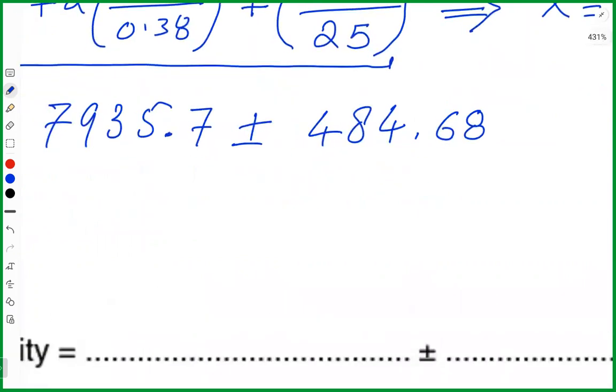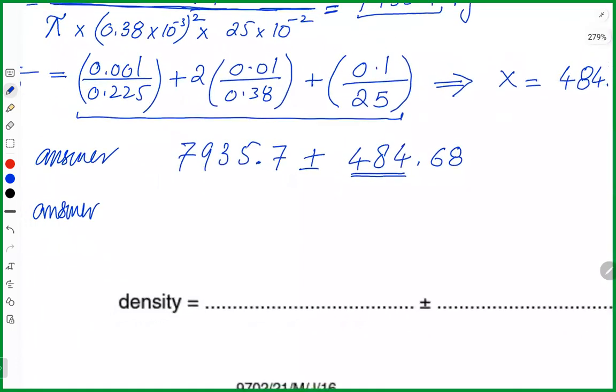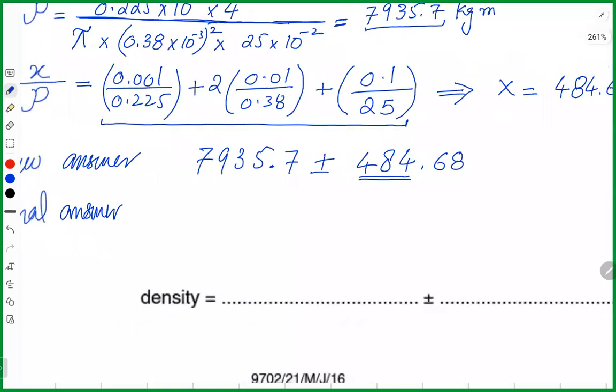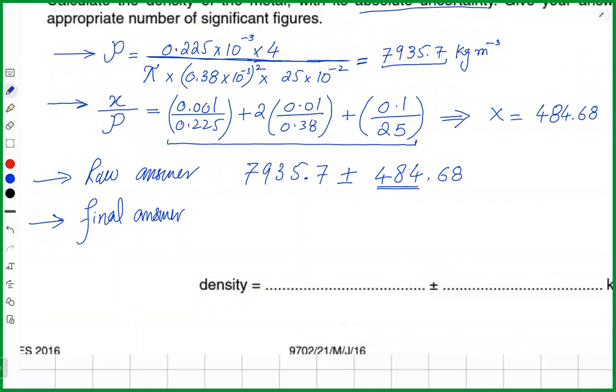Number one, I have to reduce this thing to one significant figure. What should 484 be in one significant figure? Most of the students say 484.7, that is 500. A very common answer. But we have to reduce it to one significant figure, not one decimal place. 500. Anyone? Are you people in class? Sir, 500.